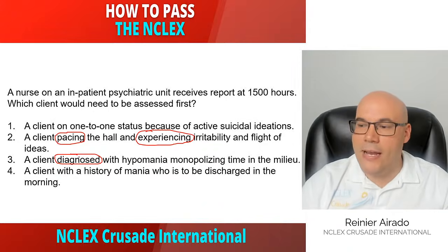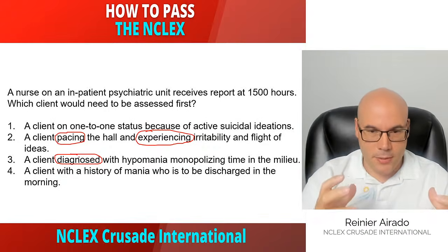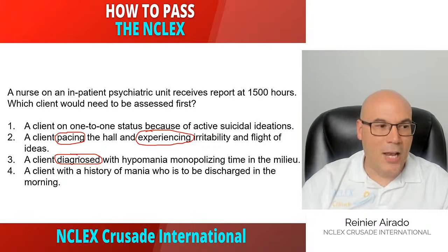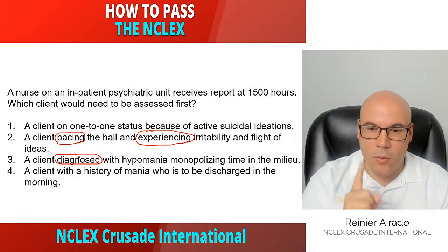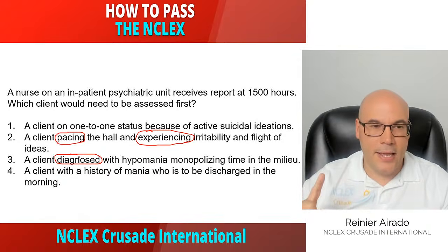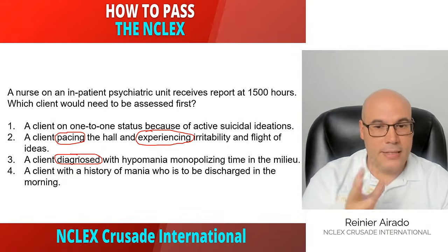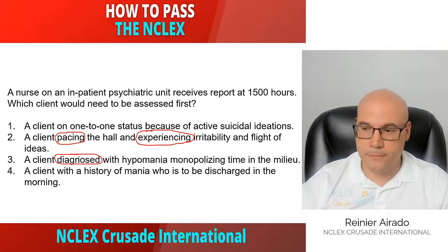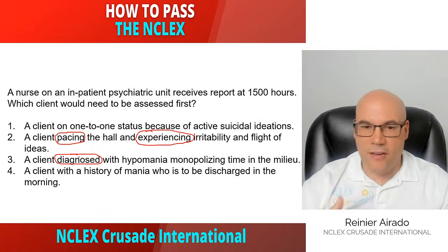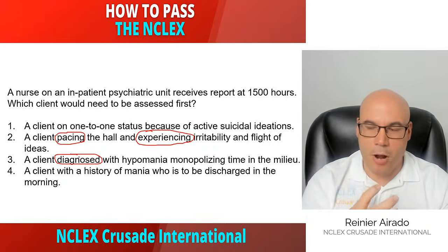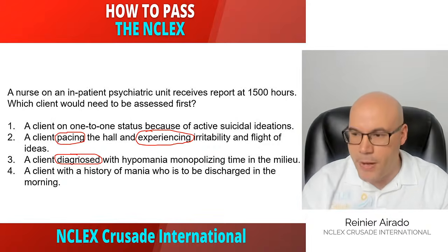So what is the relationship between the verbs in this question? I love to pay attention to verbs. What are the verbs saying? Is it the present, the past, or the future? Like I said, on answer number 2, we have a present problem, pacing and experiencing.